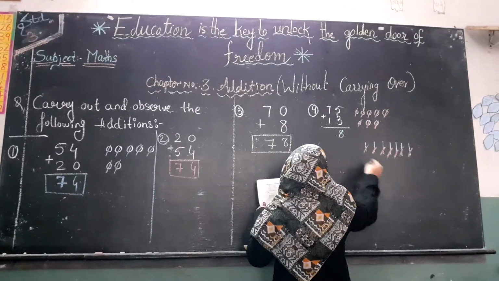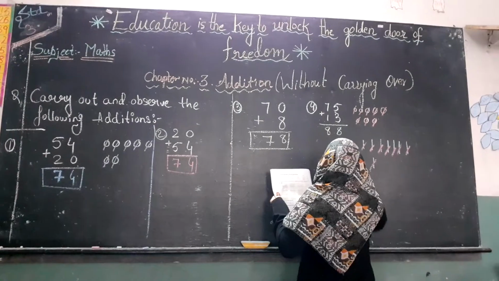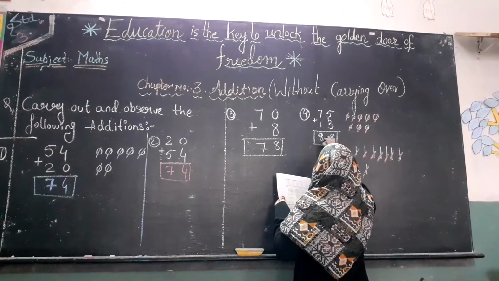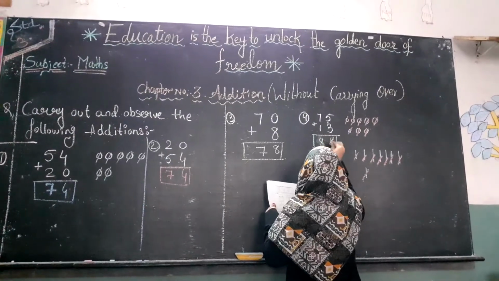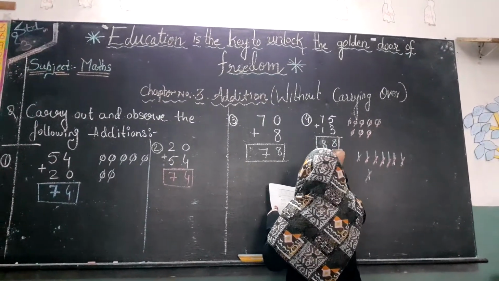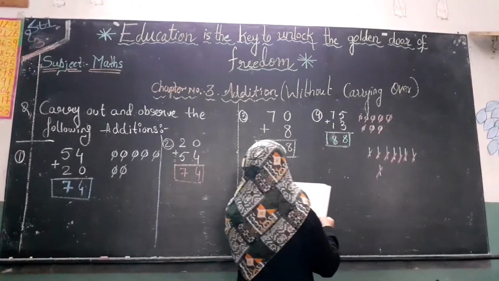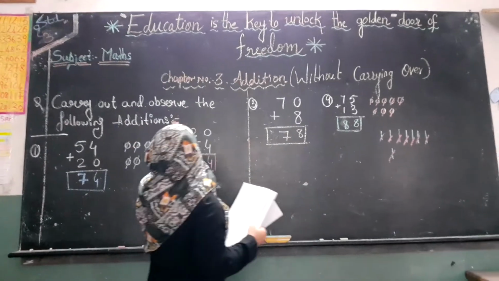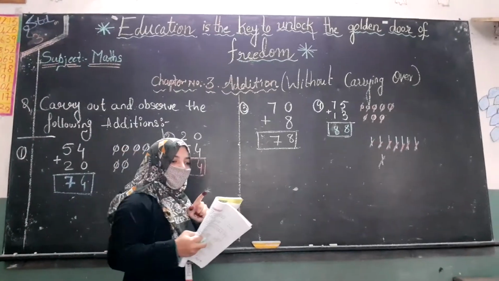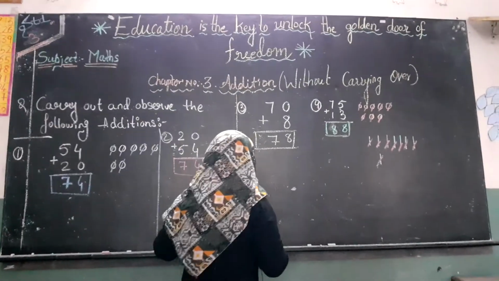Now we got 8. So we will write here 8 plus 8 is 88. Now we get the answer 88. Have you understood this question? Carry out and observe the following addition. Have you understood, students? Okay, very good. Now we will do the next question.